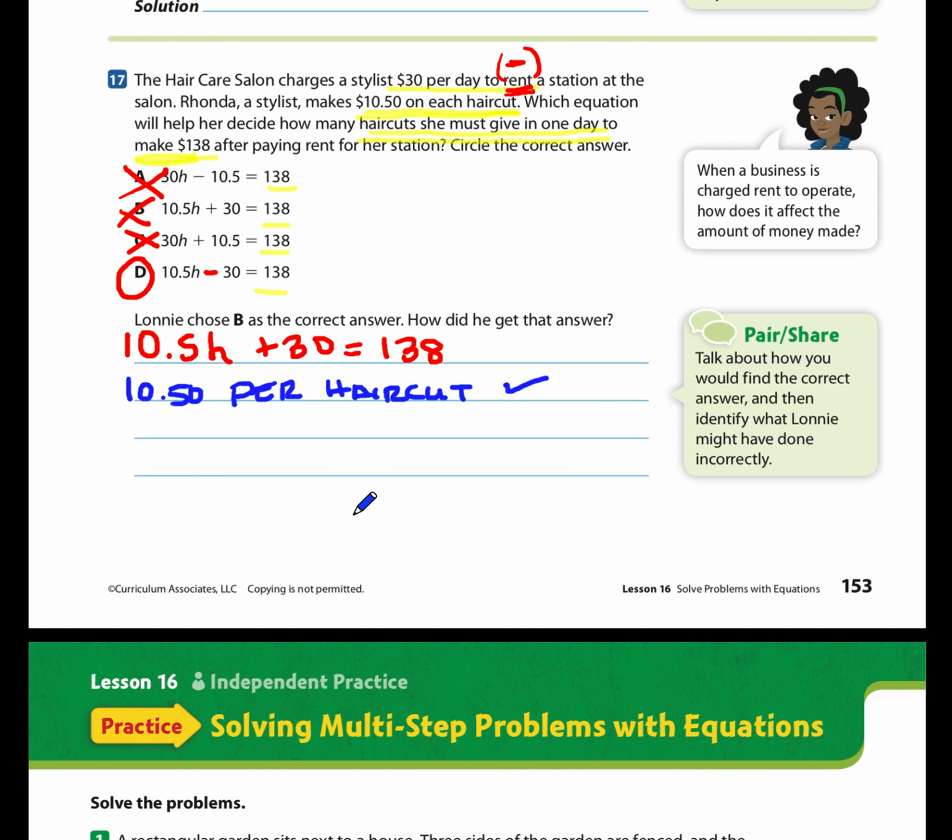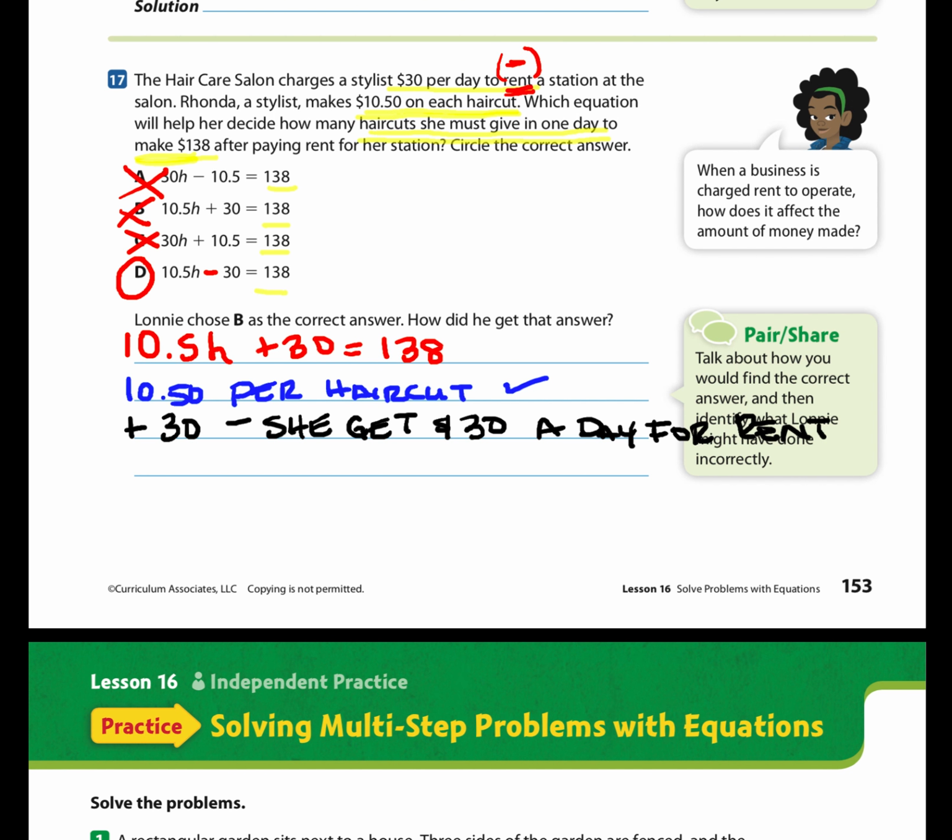Check. That's good. But then he also has here plus 30, which means she gets $30 a day for rent. She doesn't get $30 for having a booth there. She has to give $30 for having a booth there.